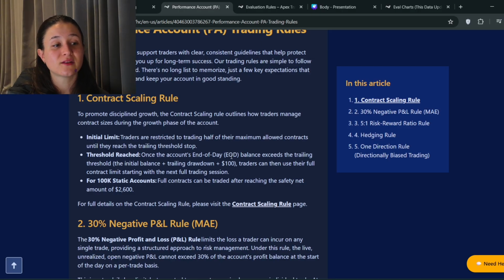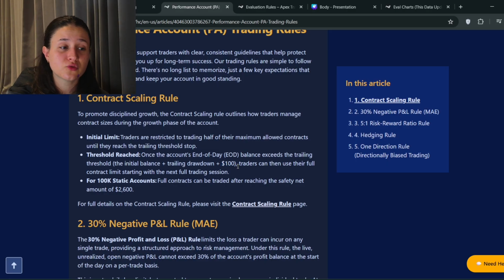Understand this, let's say we got a 50k: the initial balance, plus trailing drawdown 2.5k, plus 100, 2.6, plus 50k, 52.6.